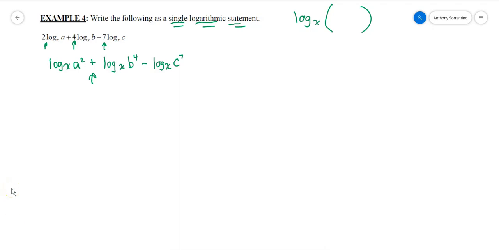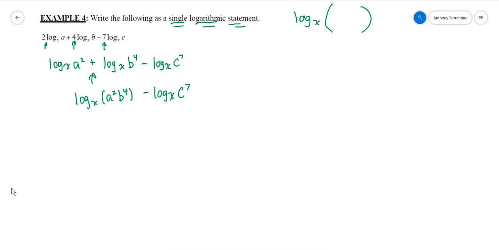And according to the product property, if I have the sum of 2 separate logarithms, that equals the logarithm of the same base of the product of the 2 terms. So I went from having 3 logarithmic statements down to 2 logarithmic statements. And now I still want to get it down to a single logarithmic statement.